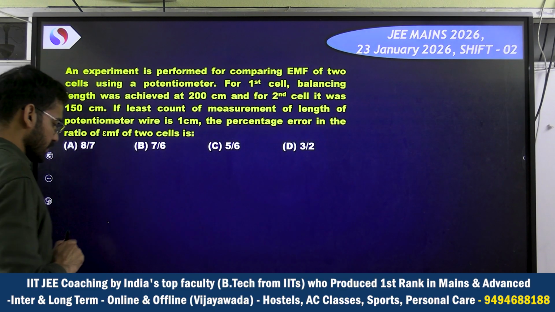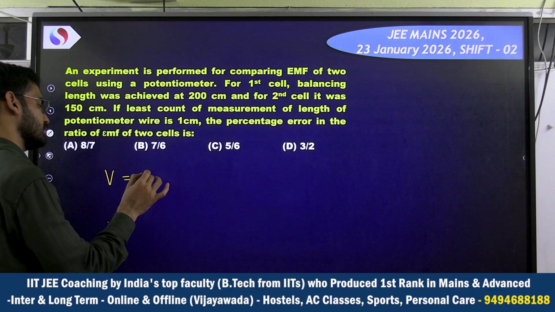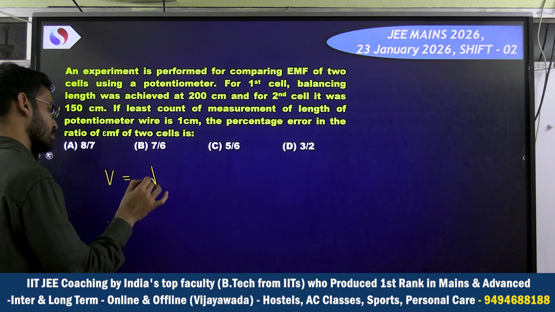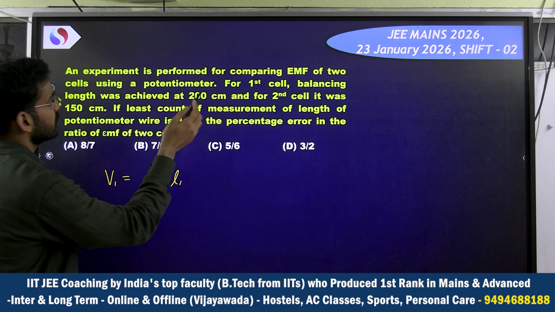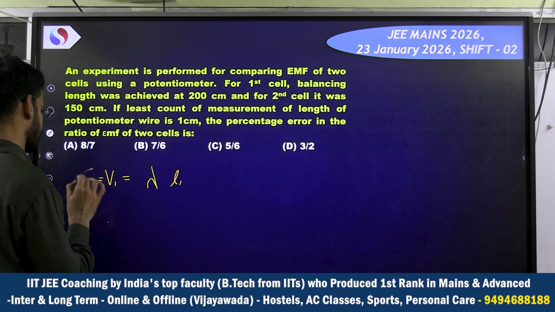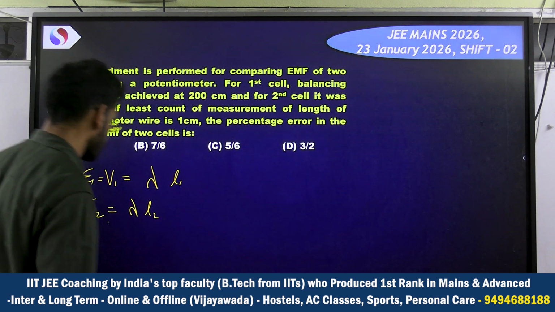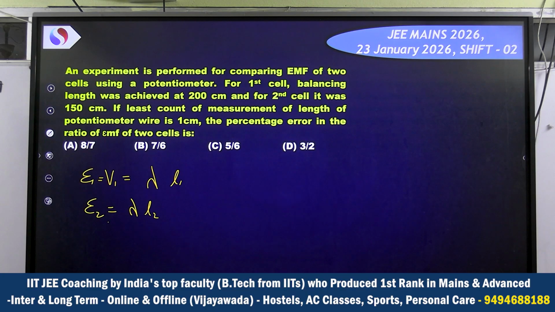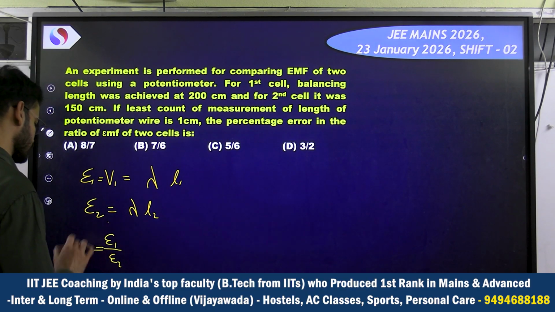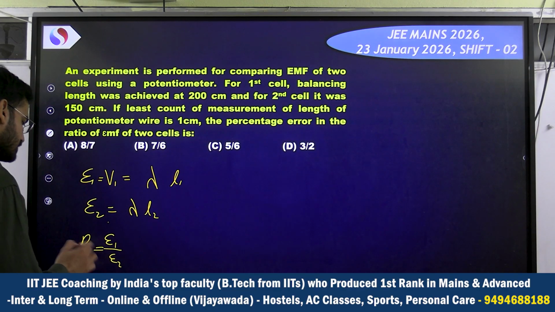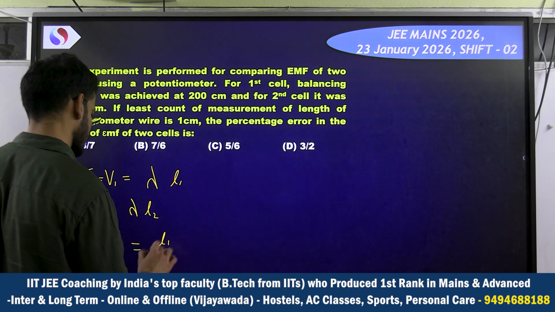See one thing: in a potentiometer, the voltage will be your potential per unit length into length. Let's say E1 is lambda into L1, and E2 is lambda into L2. If you go for the ratio, it will be E1 by E2, so lambda cancels out, giving L1 by L2.